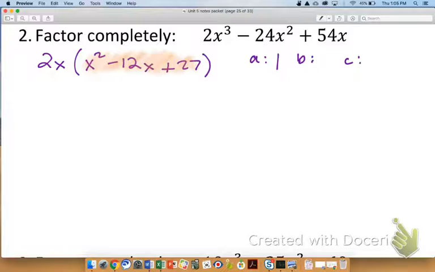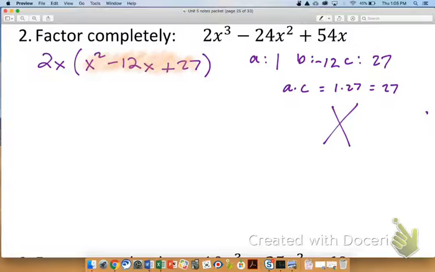The sign in front of the number is part of the number. So negative 12. And the C value? 27. So we're going to take Noah's advice and we're going to find our A times C. So A times C, of course, would be 1 times 27, which is 27. We have to find our 2 special diagonal numbers. So I use a little x for that.